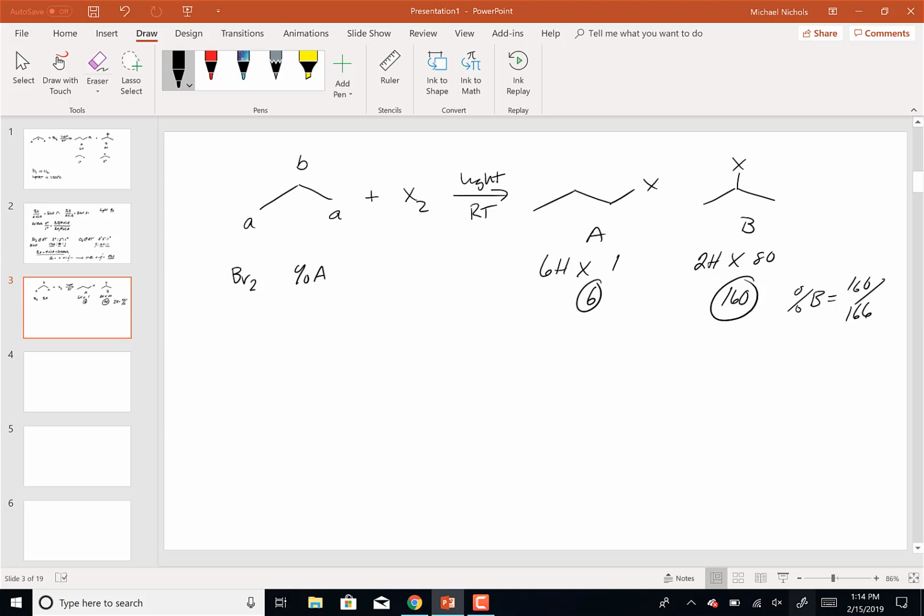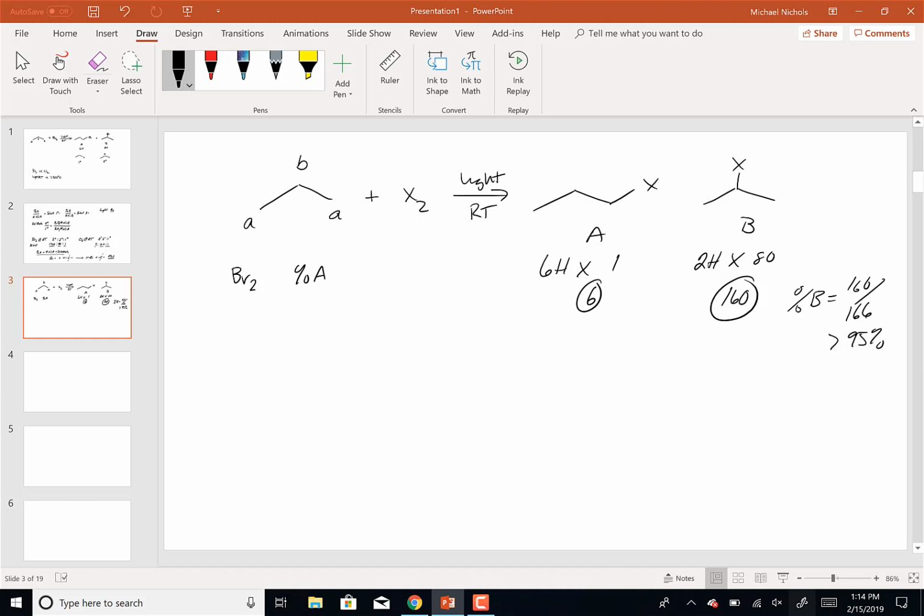And that's greater than 90%. That one you might need a calculator for. Actually, I would say it's going to be greater than 95%. It's going to be in the 95-96% range.